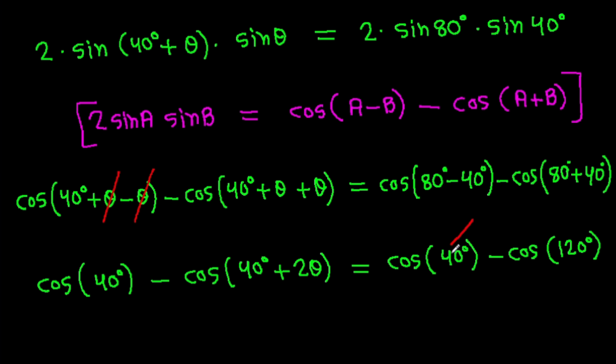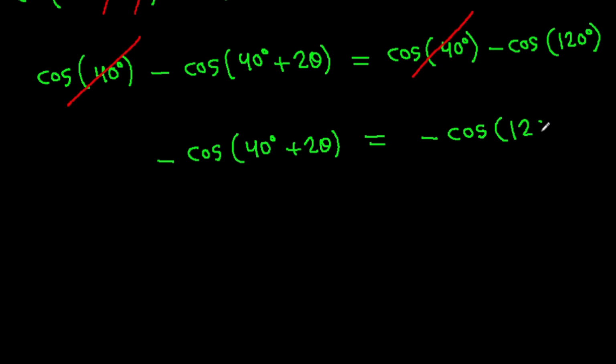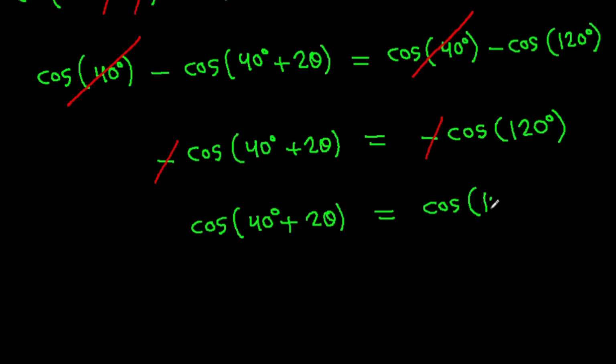And cos 40 degrees will get cancelled. So minus cos 40 degrees plus 2 theta is equal to minus cos 120 degrees. And minus will get cancelled. So cos 40 degrees plus 2 theta is equal to cos 120 degrees.